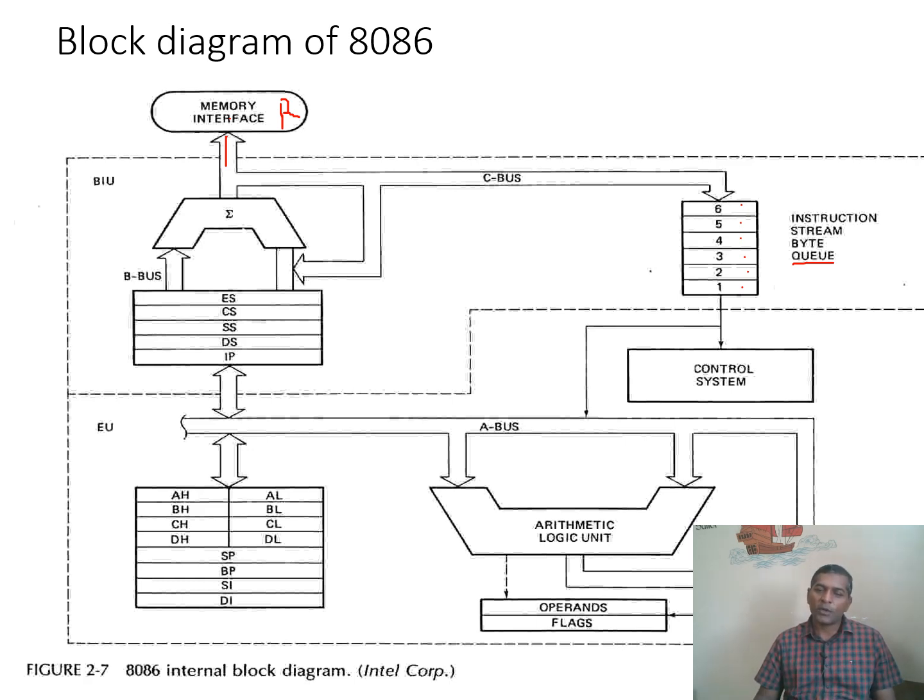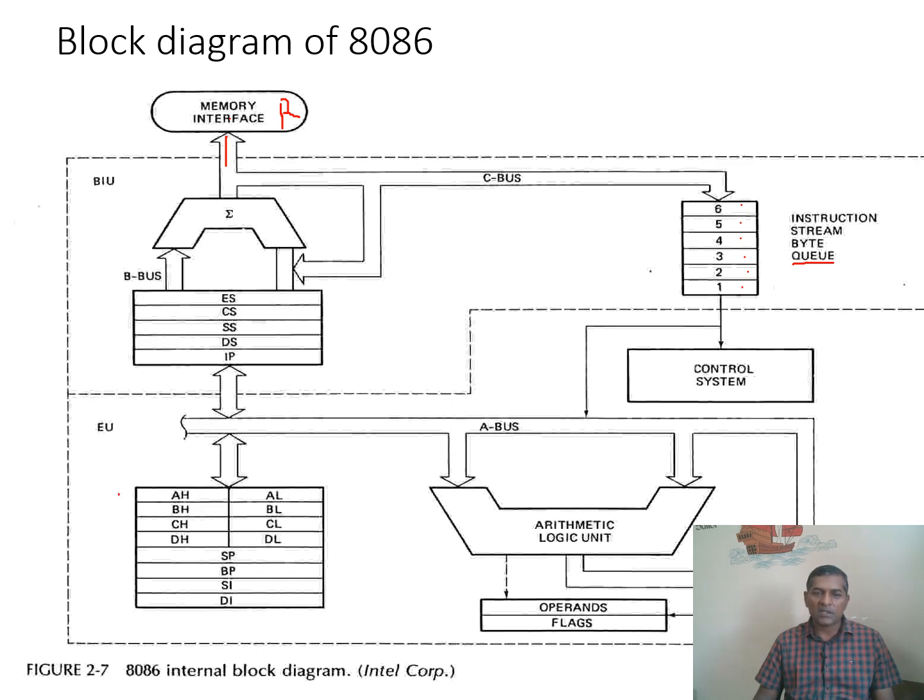We need to add 1111 plus 2222. Add is an instruction, whereas 1111 and 2222 is data on which we are going to process the instruction. So the add instruction is provided to the arithmetic and logical unit, whereas 1111 and 2222 will be collected from the instruction queue into these registers.